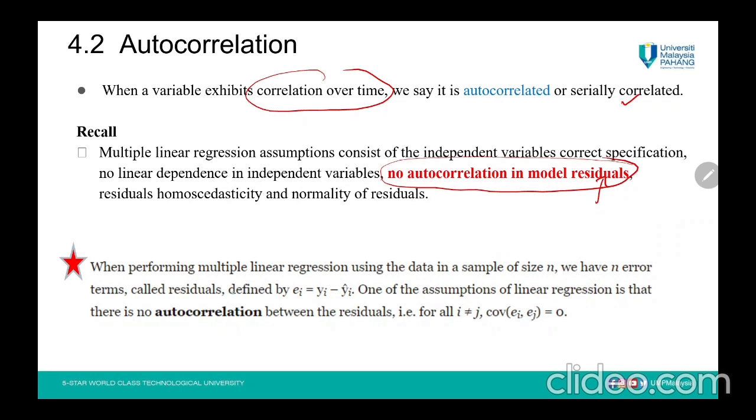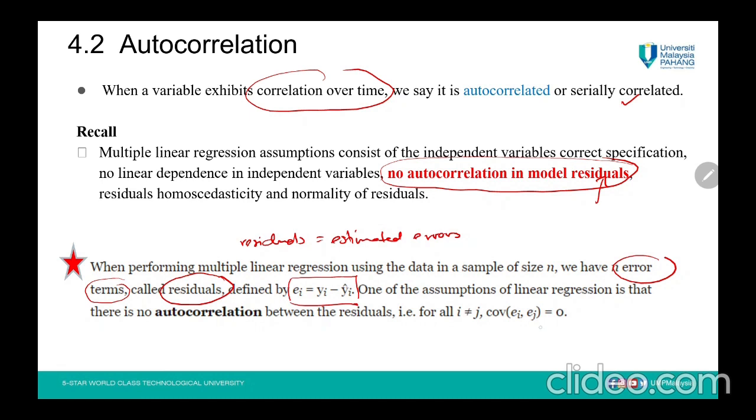When performing multiple linear regression using the data in a sample of size n, we have error terms, where the error terms now are called residuals. Residuals are the estimated errors, defined by e_i equals y_i minus y_i hat.